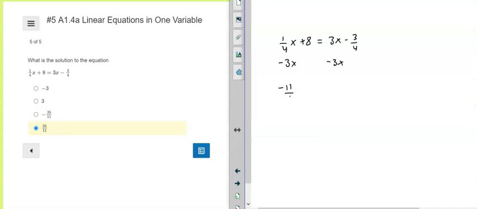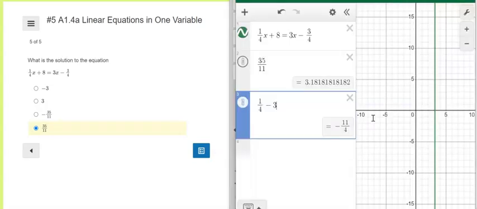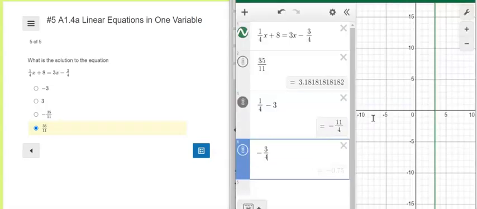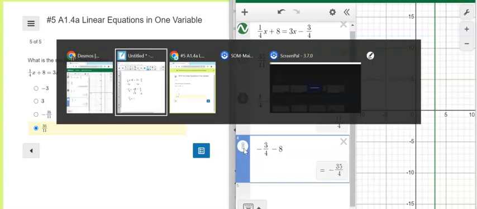Negative 11 over 4 x. Copy everything down. And then bring this over, subtract 8 on both sides. That crosses out. So bring this down. So negative 3 over 4 minus 8 is negative 35 over 4.